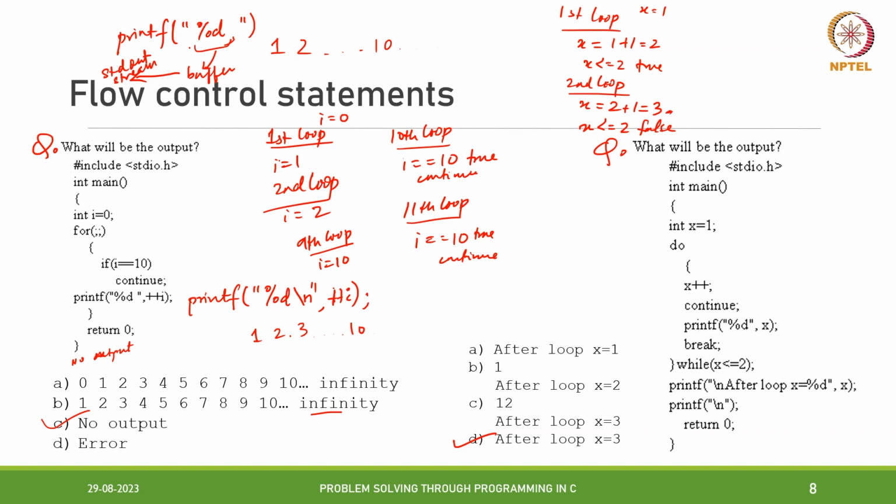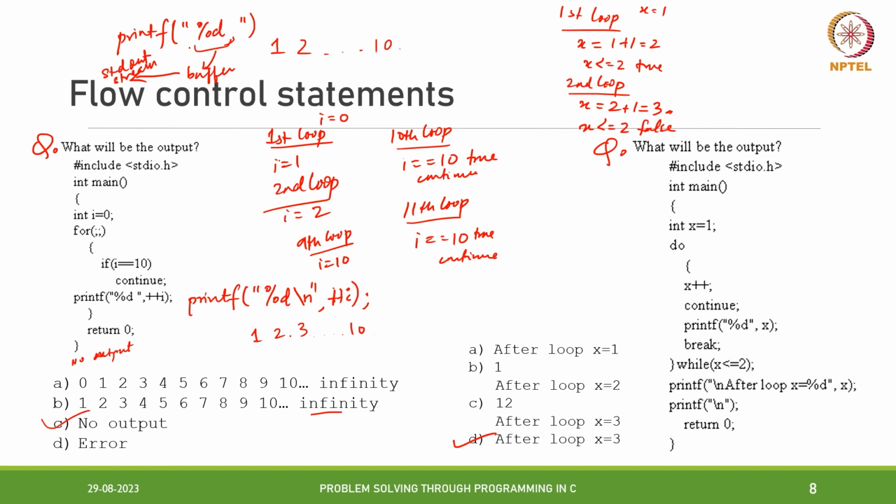Now when does this go from the buffer to the stdout stream? It goes when either the buffer is full, or you have special characters like \n, \t or things like that. Those are the two conditions under which the buffer will push whatever it has accumulated to the stdout stream. Either you are filling up the buffer, or you are encountering special characters like \n, \t and so on.